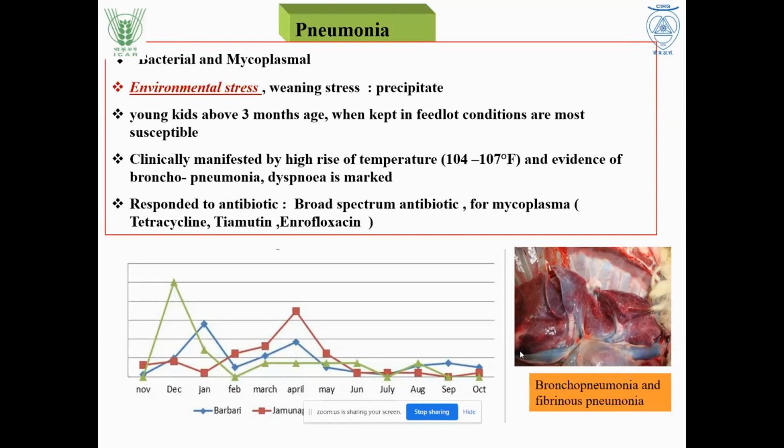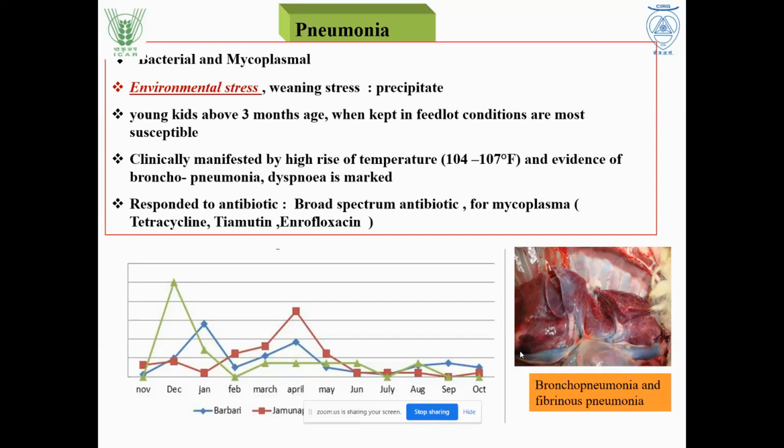But it needs a better treatment approach, because pneumonia involves different types of bacteria, even mycoplasma. Mycoplasma mycoides var Caprine is one of the important isolates. So if you see the involvement of different organisms, you need to select an antibiotic that is really broad spectrum in nature and also works against mycoplasma.